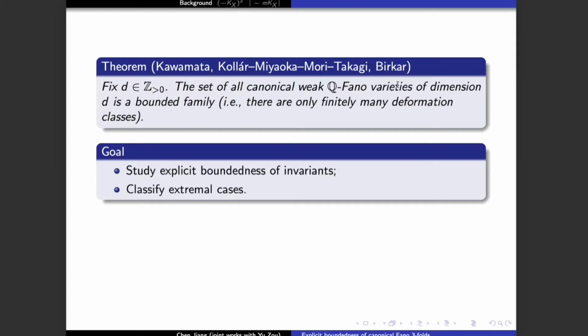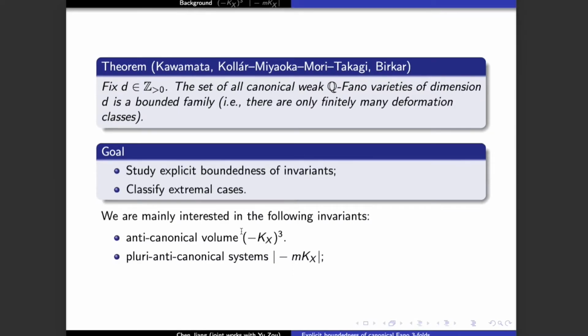And today, what I want to talk about is two invariants. One is the anticanonical volume, so just the self-intersection of the anticanonical divisor, and the other one is the anticanonical system minus MK.